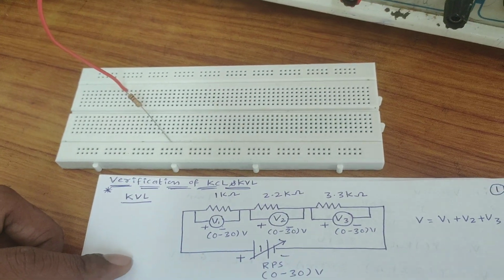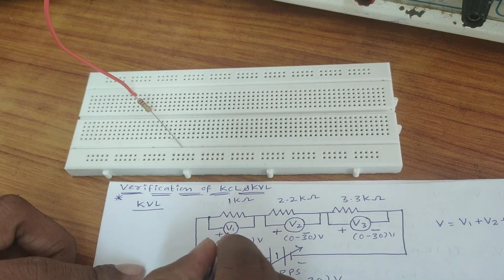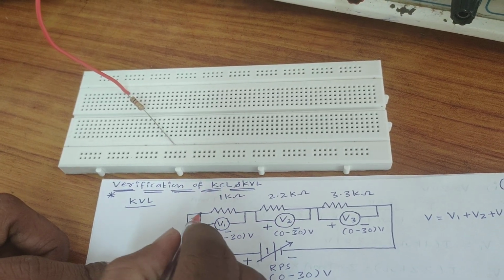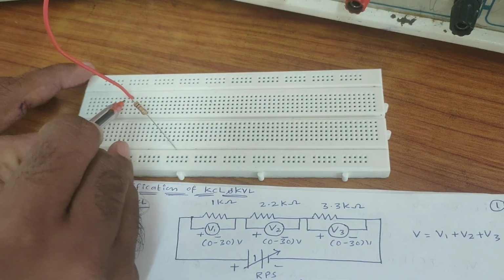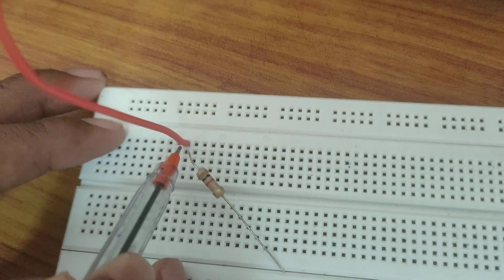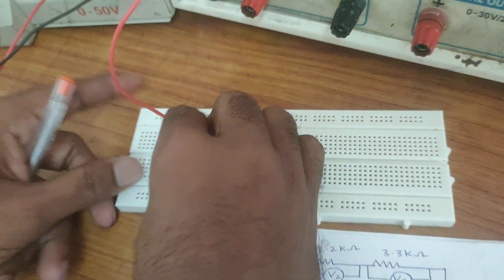The supply positive terminal, the 1 kilo ohm resistor starting point and the first voltmeter positive are all connected at a common point. These three will be connected in the same column of the breadboard. See here, 1, 2, 3, the same column of the breadboard.